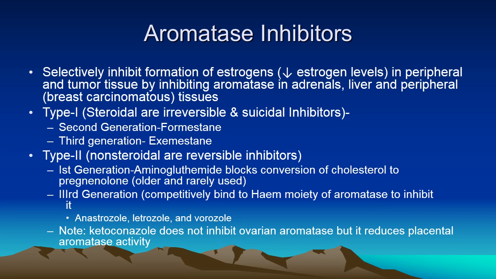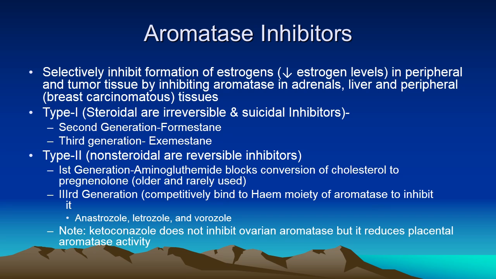They also inhibit aromatase in the adrenal gland, liver, and breast carcinomatous cells. There are two types. Type 1 are steroidal, which are irreversible. We can call them suicidal inhibitors. The type 2 are non-steroidal, which are reversible, but currently type 2 are more commonly used. Now type 1 and type 2 are again subdivided as first, second, third generation.